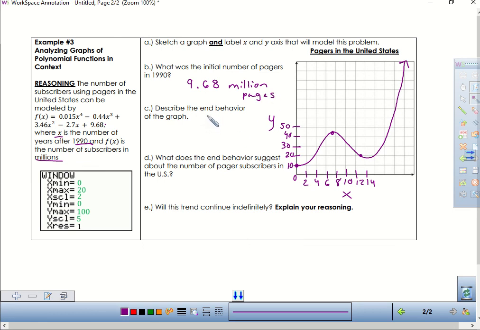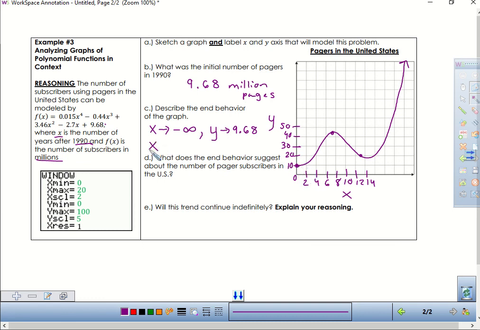Describe the end behavior of this graph. As X goes to negative infinity, Y stays at about 9.68 because we're not ever going to go past this. We're not ever going this way. This is a hard boundary on the graph. We're not ever going to infinity in that direction.